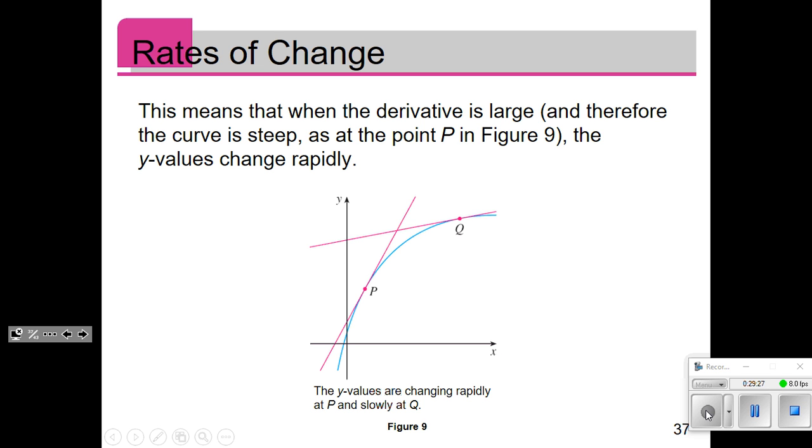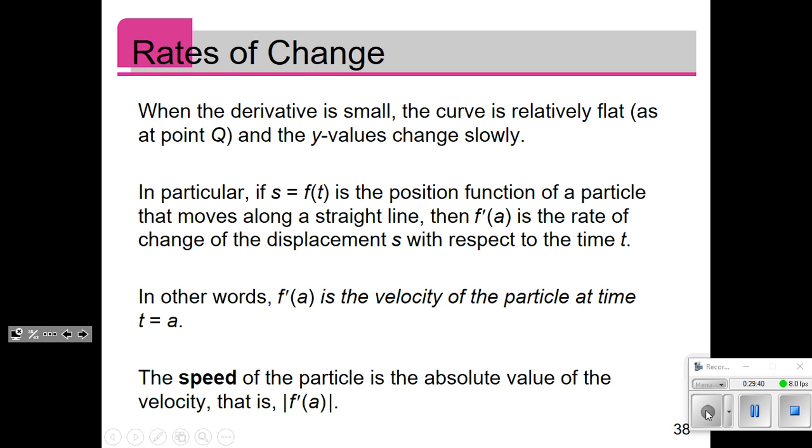Okay, so we know that if we have like a slope of 3, that is a very steep line. Okay, so your difference in your y values is very large. When the derivative is small, the curve is relatively flat and the y values change slowly.